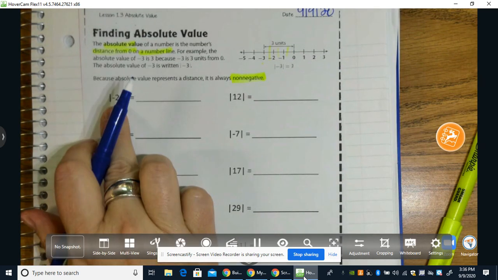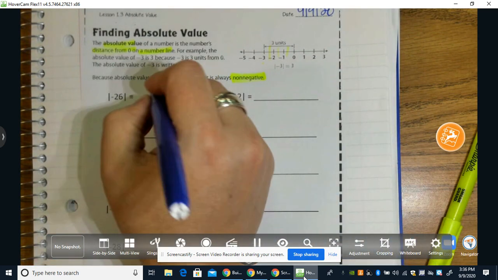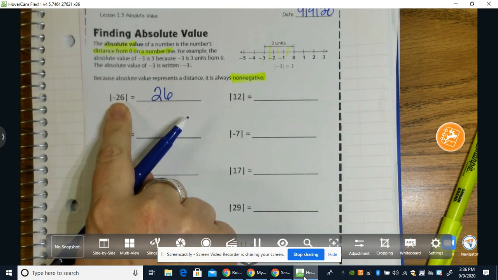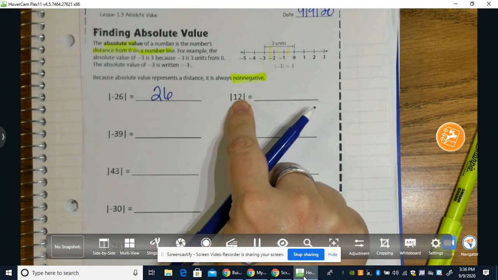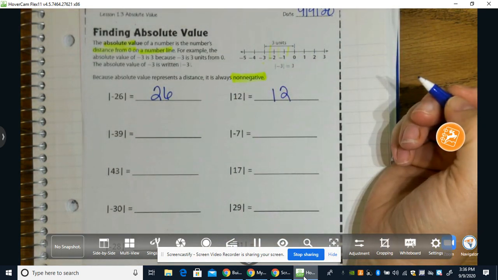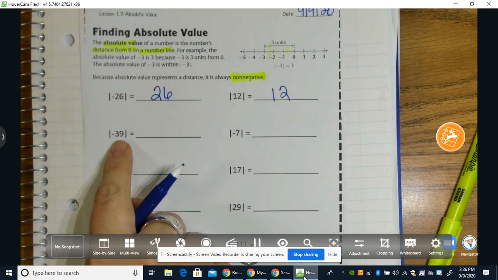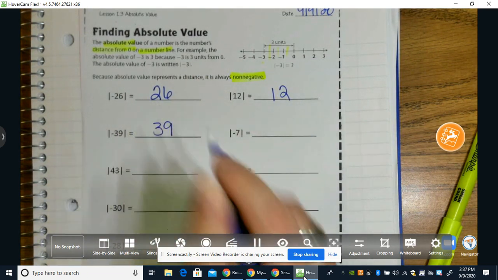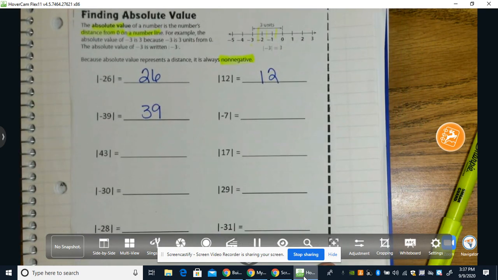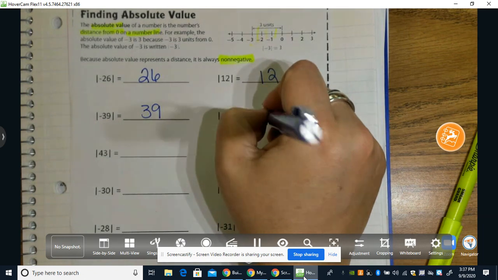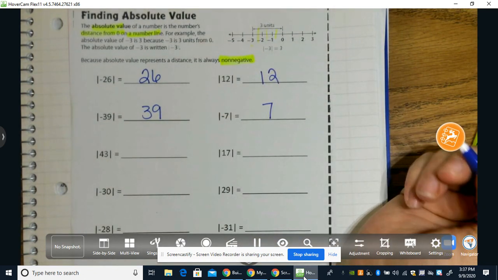So I have the absolute value of 26. That would be 26. It's 26 spaces away from 0. The absolute value of 12 is 12. It's 12 spaces away from 0 on a number line. Absolute value of -39, you guessed it, is 39. 39 spaces away from 0 on a number line. -7 would be 7.